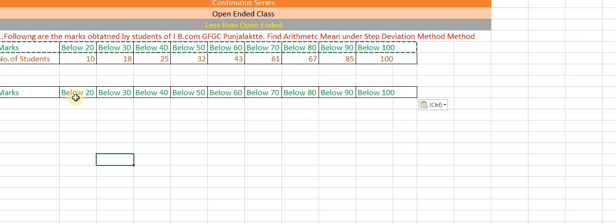I'll just copy the class interval data. They have given below 20, below 30 like that. So for this, we need to find out the class interval. How do we calculate it? They have said below 20 and here below 30, so 30 minus 20, the class interval is 10.